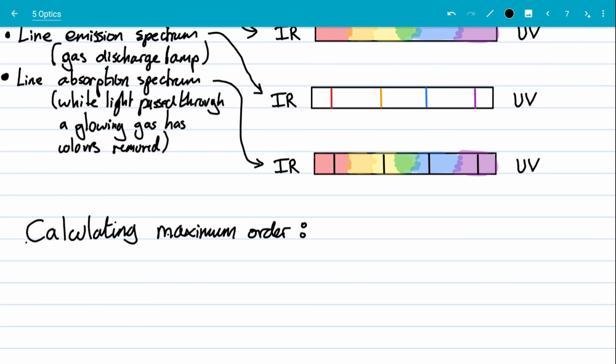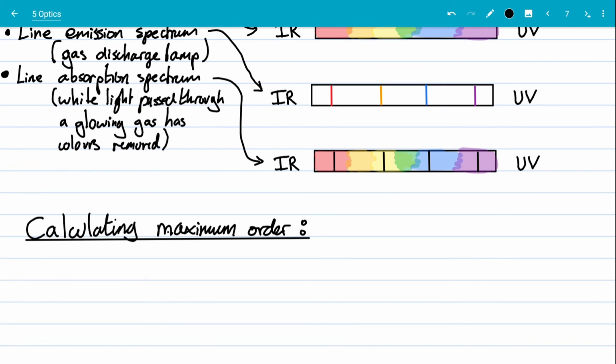The maximum order will be when the diffraction angle is 90 degrees. So you would take, for example, theta is equal to 90 degrees. In the equation, n lambda equals d sine theta. So you plug that in. Sine of 90 is 1. So n would just equal d over lambda.